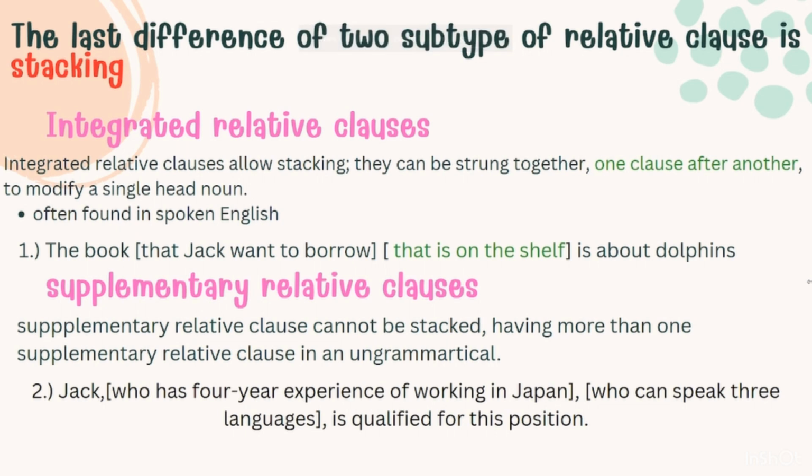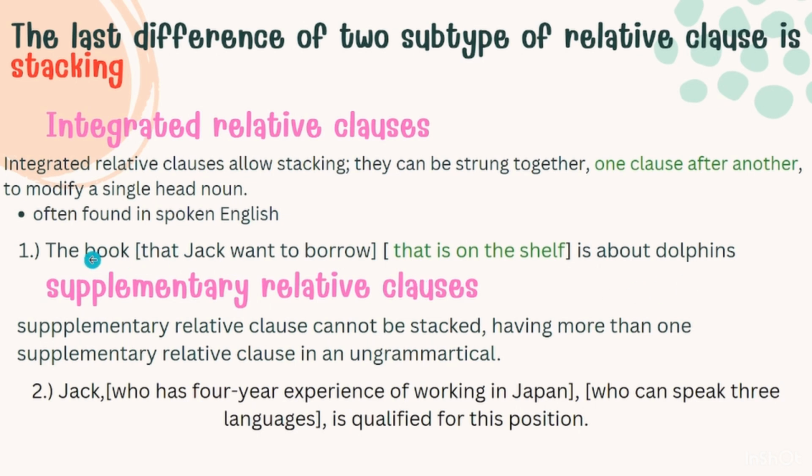Another syntactic difference between the two subtypes of relative clause is stacking. Integrated relative clauses allow stacking, so they can be strung together one clause after another to modify a single head noun, and this is also often found in spoken English.